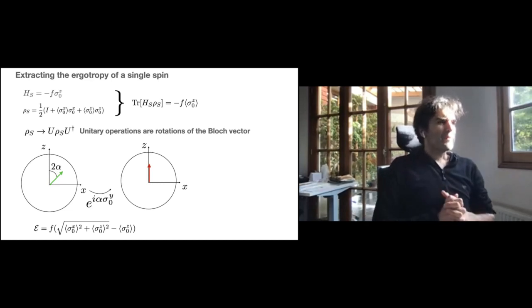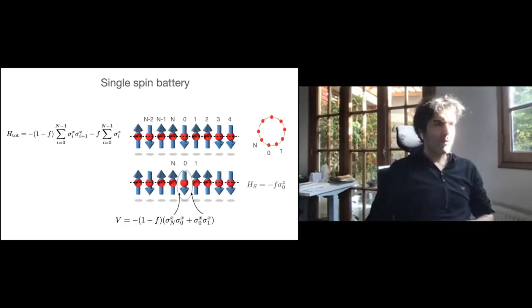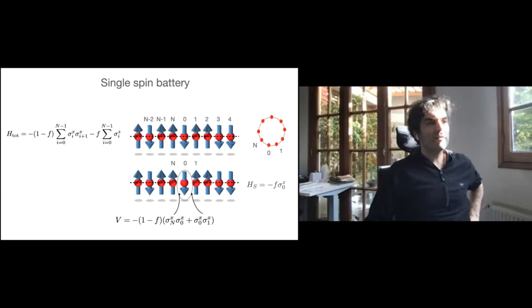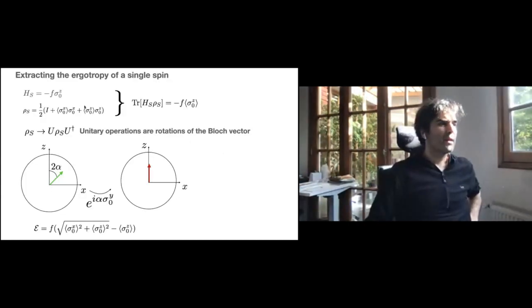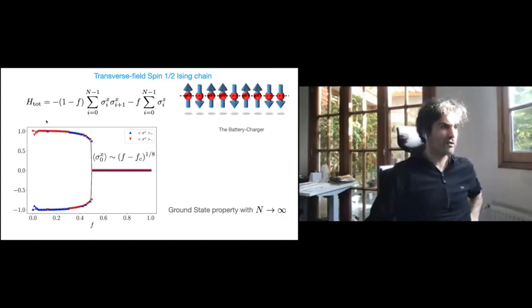So when the spin chain is in the ground state, the average magnetization in the ground state is known. For instance, the magnetization in the x direction is given by this curve I showed before.